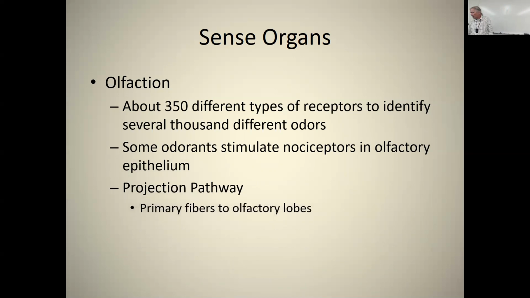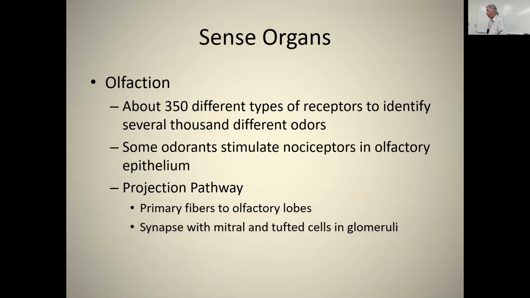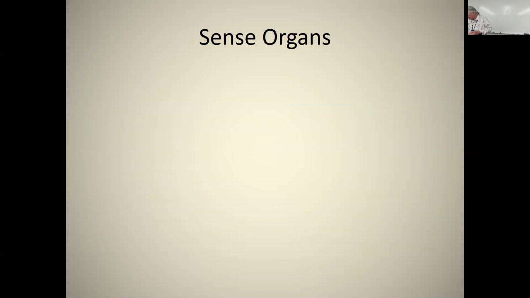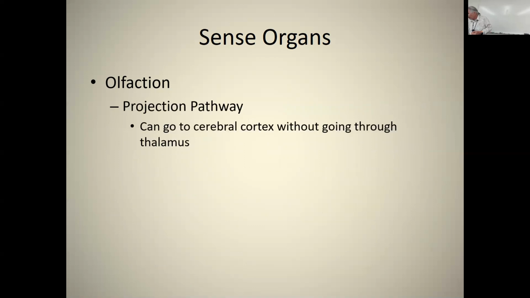Projection pathway. Primary fibers to olfactory lobes. Synapse with mitral and tufted cells in glomeruli. To temporal lobe and the primary olfactory cortex. And it goes to the cerebral cortex without going through the thalamus.